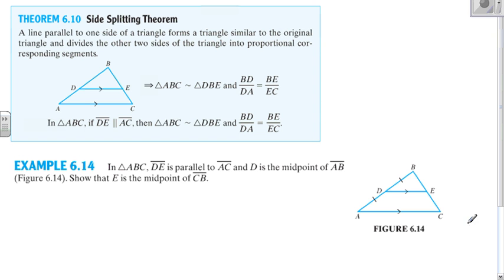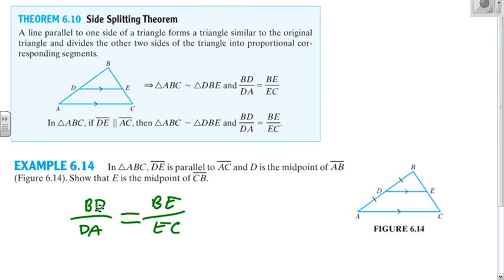So in our example down here, we do have the two sides are parallel, and we're also told D is a midpoint, so that means it cuts it in half on this side. Show that E is a midpoint. Well, just by using the side-splitting theorem, we could write that BD to DA is proportional to BE to EC.